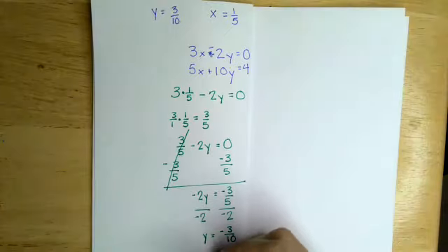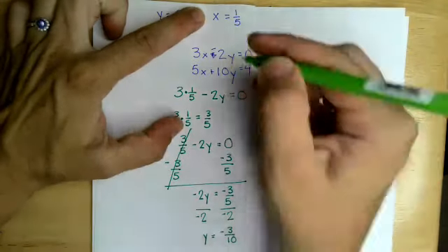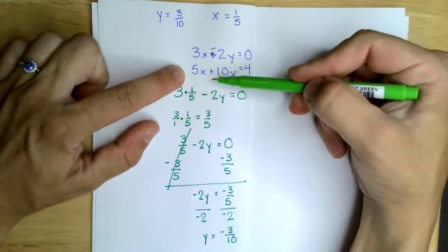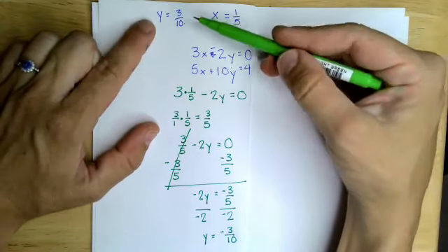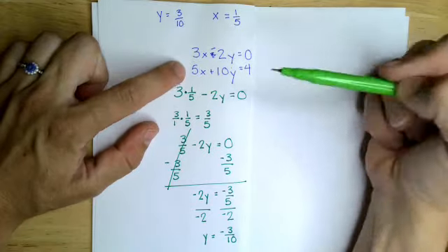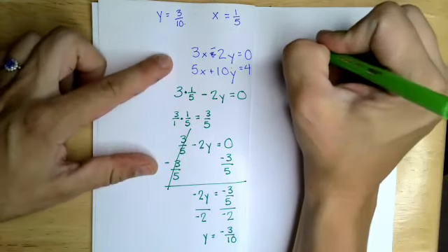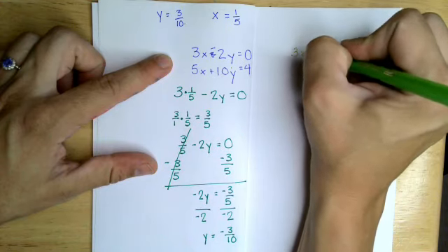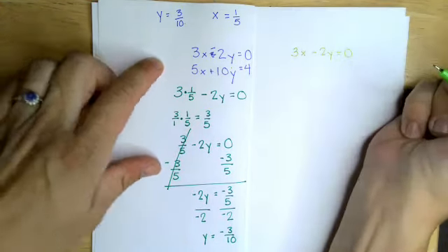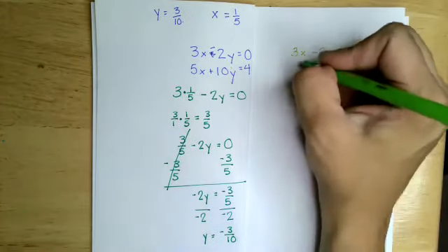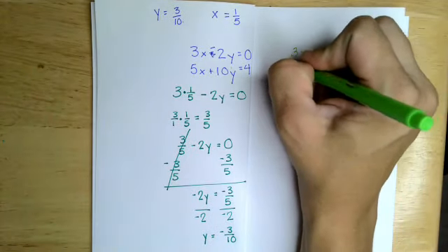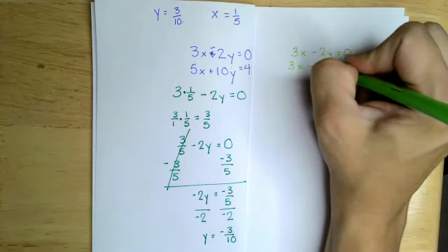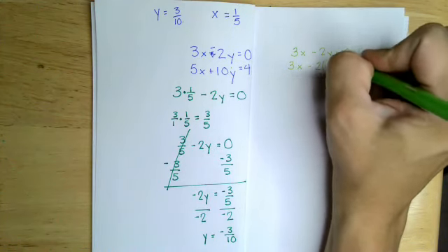All right, so we did the x into this one instead of into this one, the more difficult one. Now we're going to put y into this one instead of this one, just to do the difficult version. So it's 3x minus 2y equals 0 when y is 3/10. So 3x minus 2 times 3/10 equals 0.